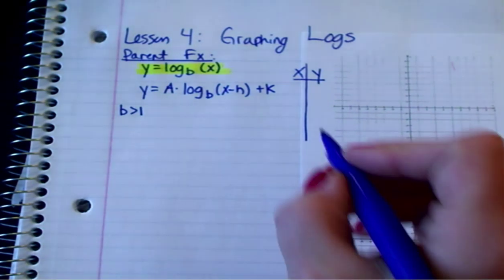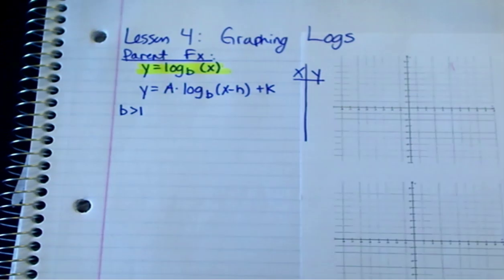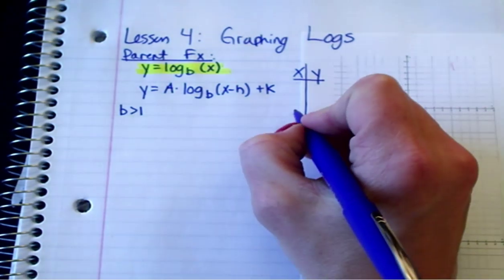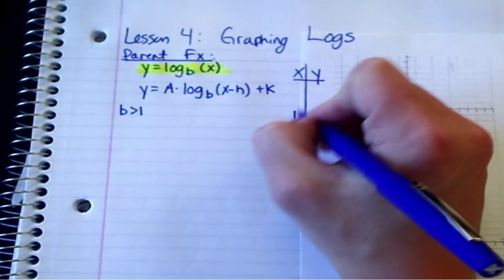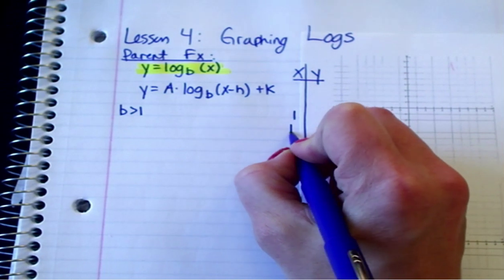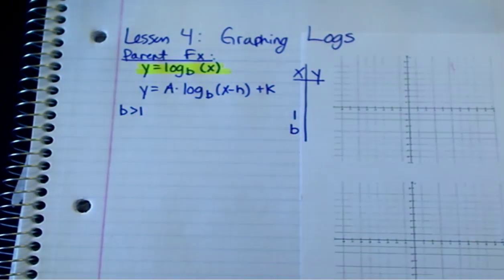So I'm going to put some numbers here. Let's try 1. Leave a little bit of space before. Let's try B. Can you plug in those numbers and evaluate? Okay.